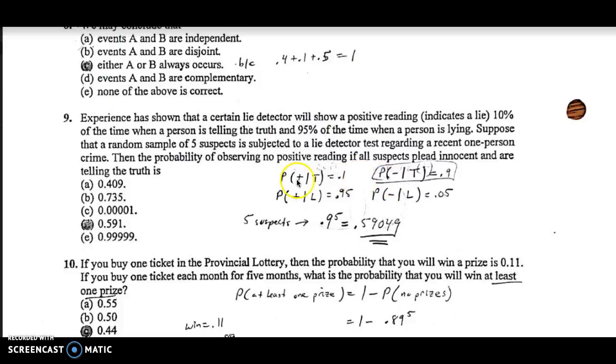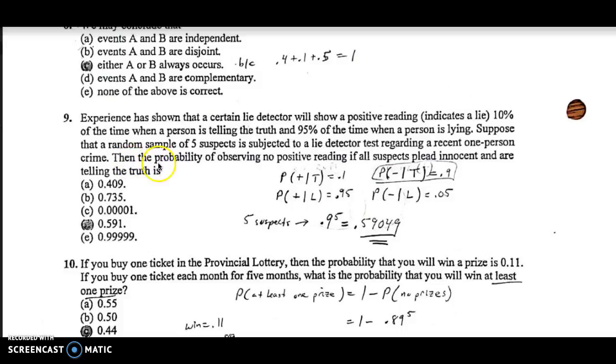So then I thought about, okay, what if they're telling the truth? If it's 10% positive, then how often does it show negative? So that would be 0.9, because 0.1 and 0.9 have to add to 1. And if they're lying, it'll show positive 95% of the time, and it'll show negative then 5% of the time.